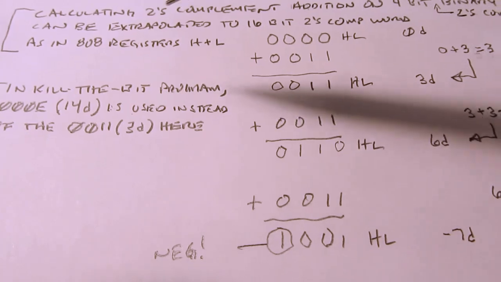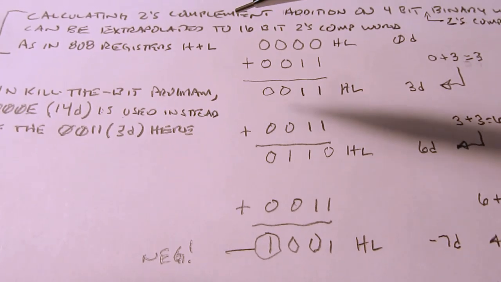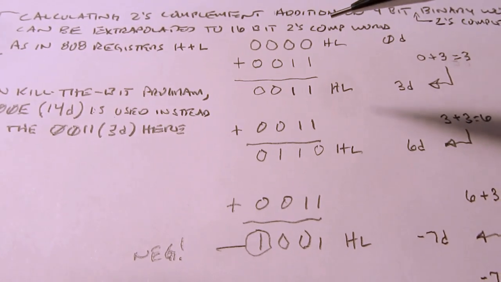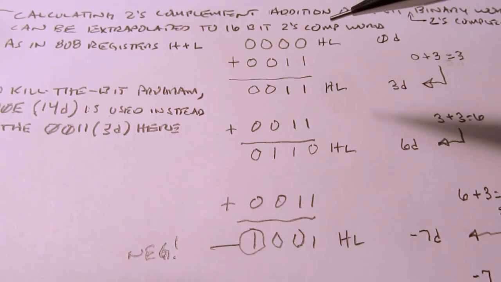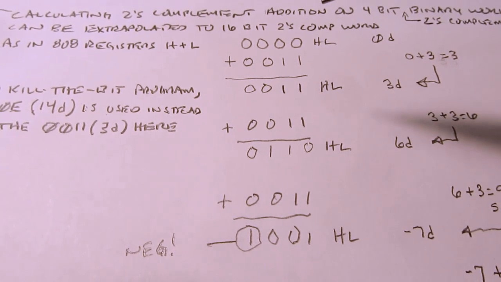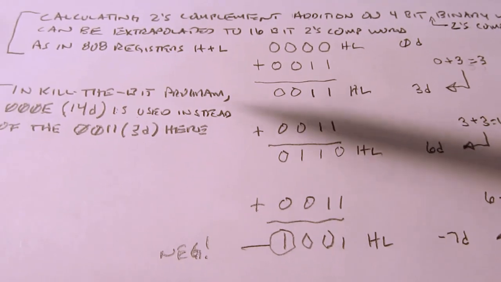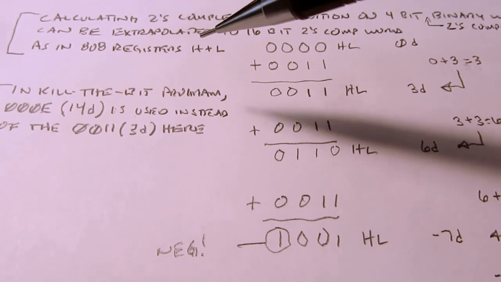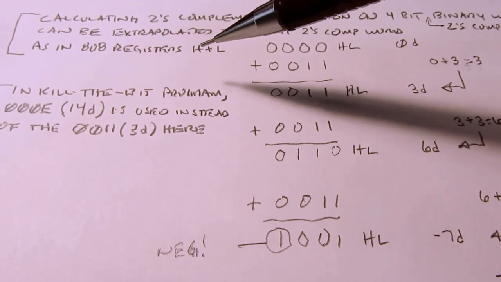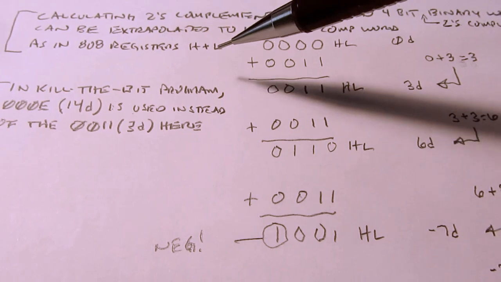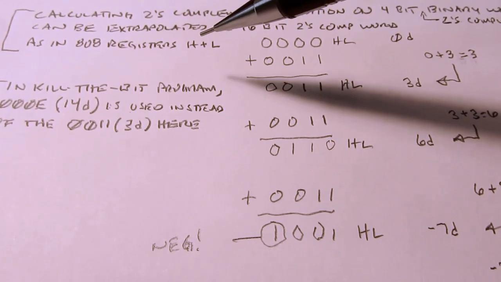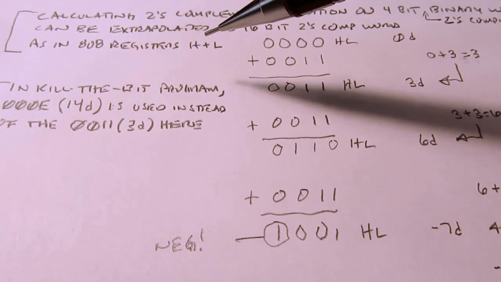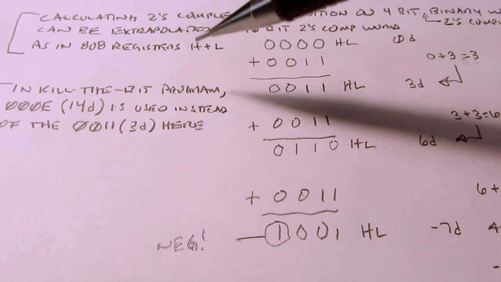However, you can extrapolate this same idea to 16-bit 2's complement math, which is really, again, 15 numerical bits and a sign bit. And that's exactly what we would have in the Kill the Bit program using the 2 byte H and L register and adding up to it.